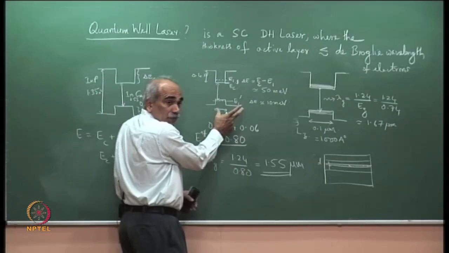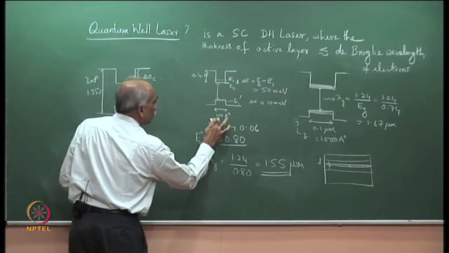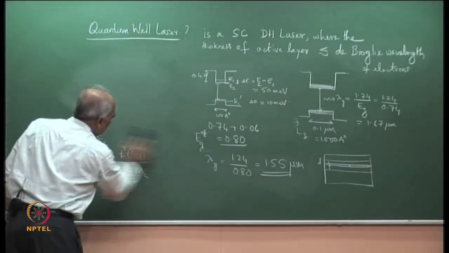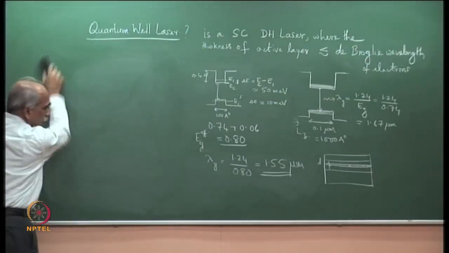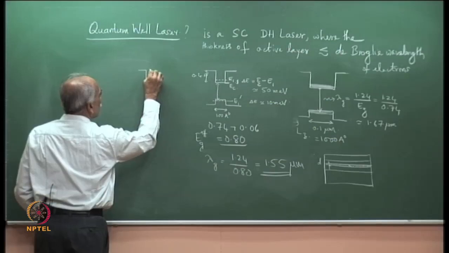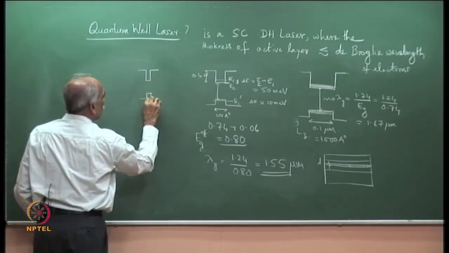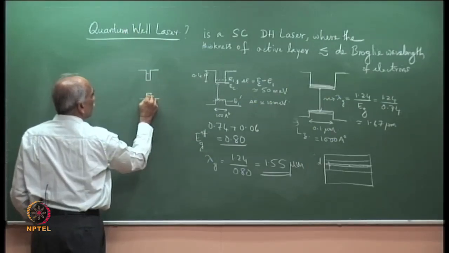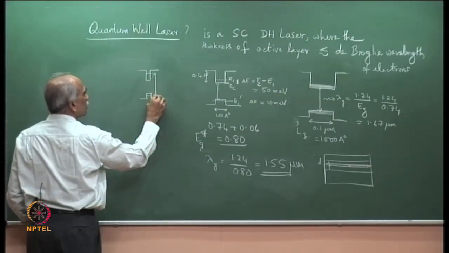If you reduce this further, let us say I reduce this to 80 angstrom, the level further goes up here, the level further comes down here. So, the effective E_G is now this.